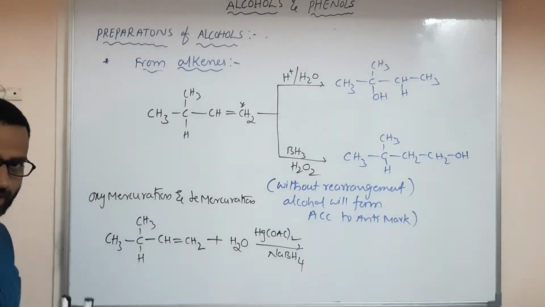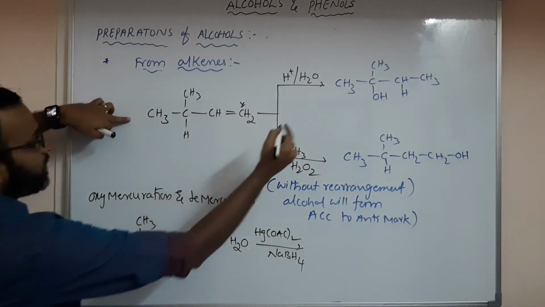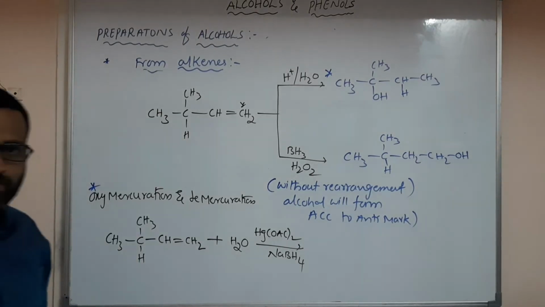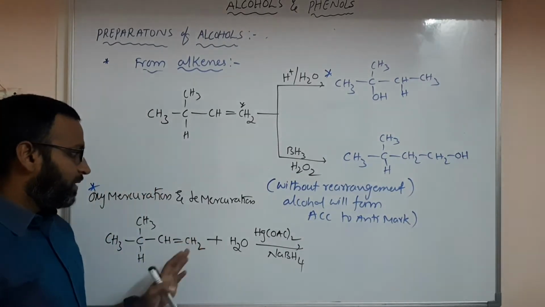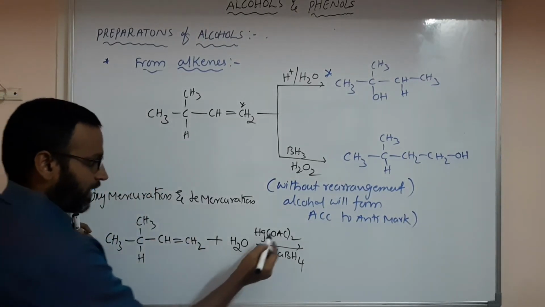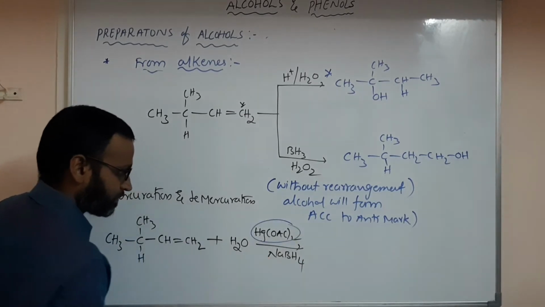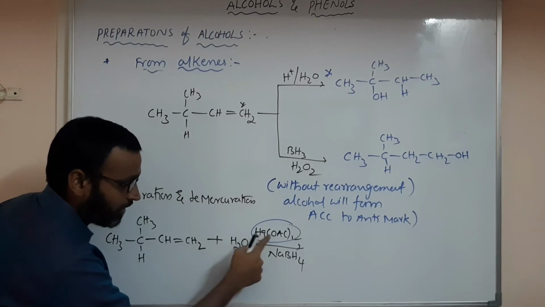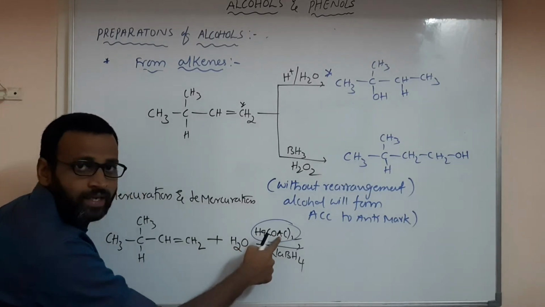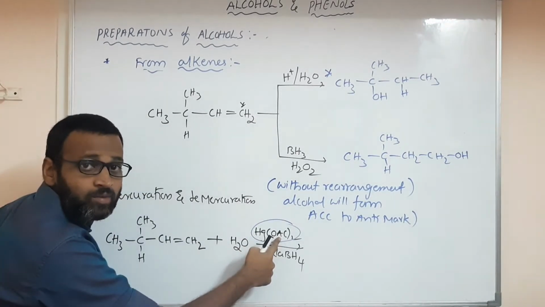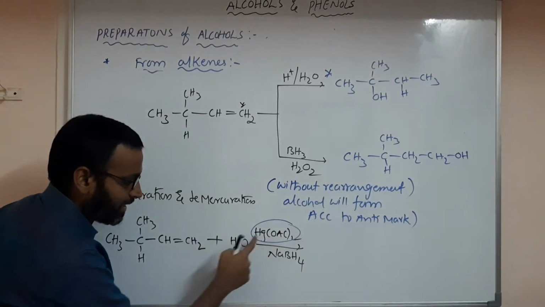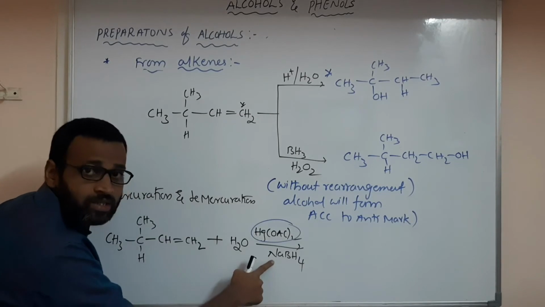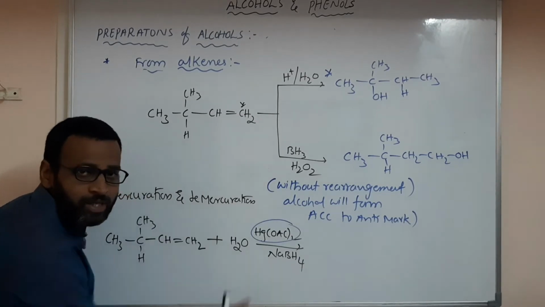I will tell you the main difference between this particular reaction and that one. Oxymercuration means addition of mercuric acetate, OAc. Ac means CH3CO. Mercuric acetate and water, this is called oxymercuration. Demercuration is nothing but reduction by NaBH4.